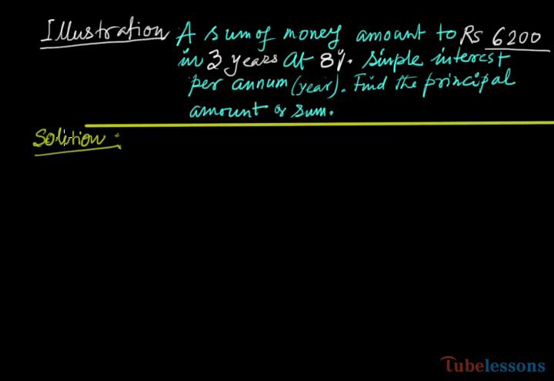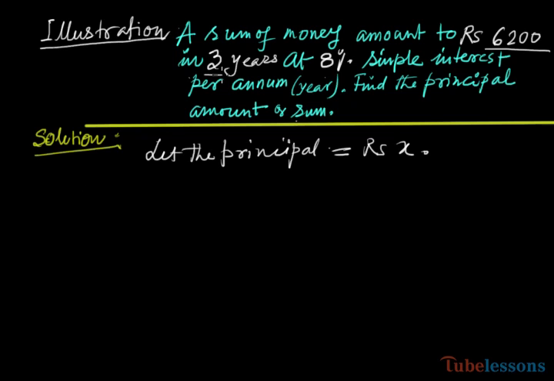So here the sum means the principal amount invested. So first we start: let the principal amount be rupees X.